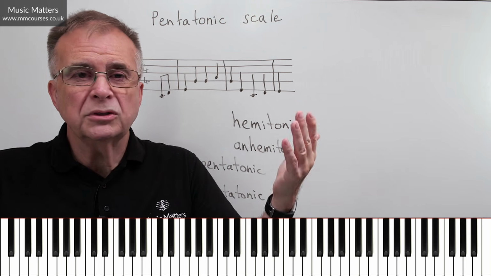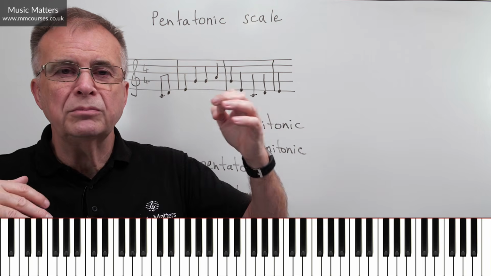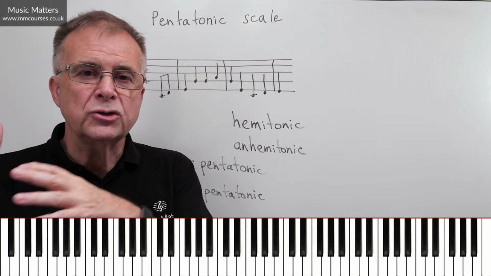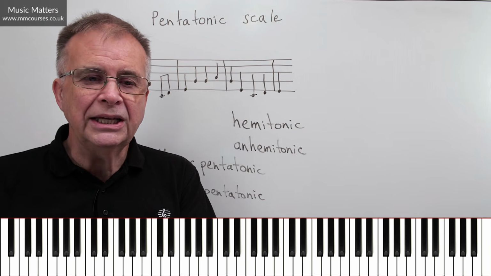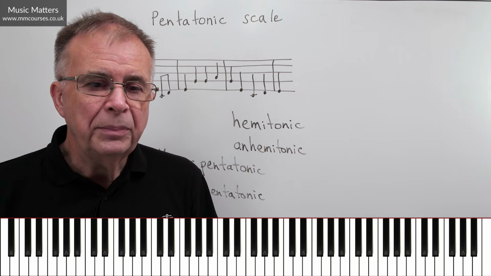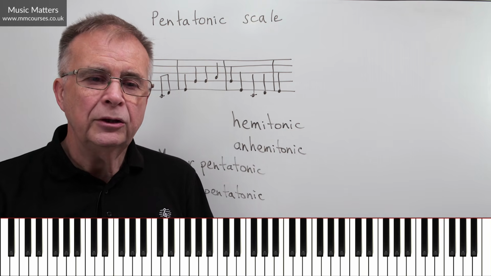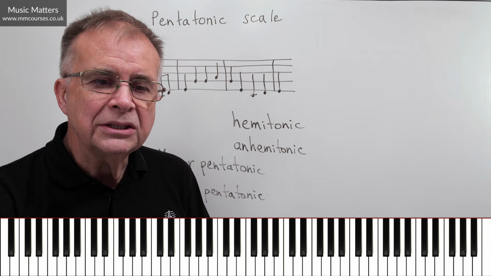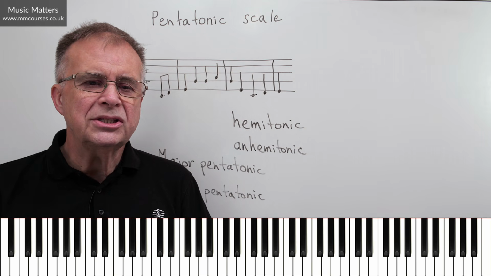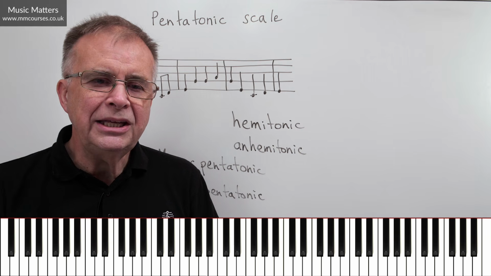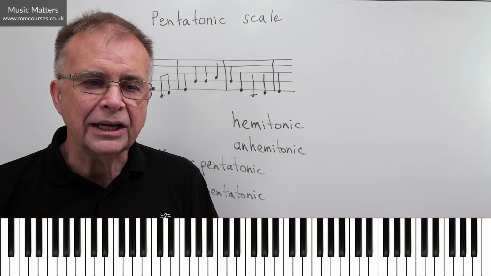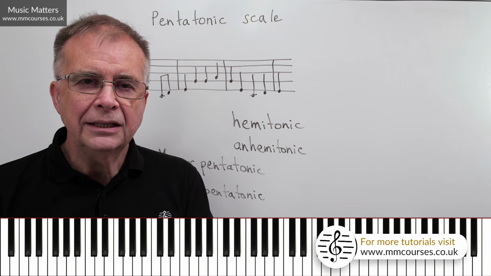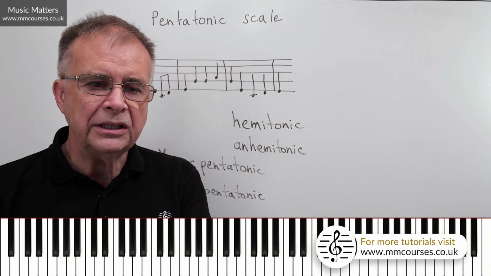We've talked about A minor being the relative minor of C major. That's true for major scales, major keys. It's also true for the pentatonics. So another way of thinking about this is that the A minor pentatonic scale uses the same notes as the C major pentatonic scale.